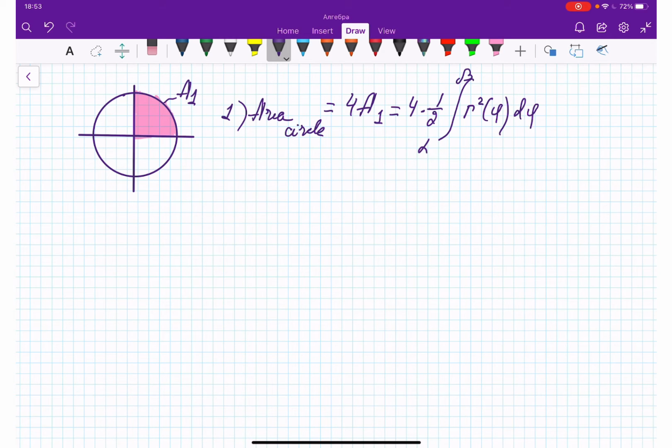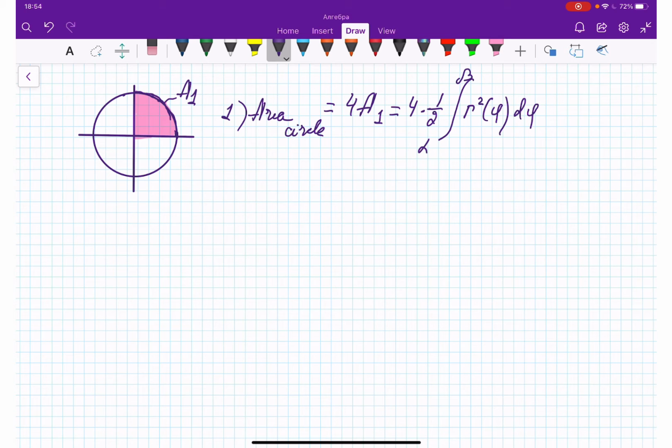Now r of phi, those are polar coordinates, because phi is an angle, and that's why we put alpha to beta. One half integral alpha to beta of r squared of phi, that's the area of this sector, the area under this arc.